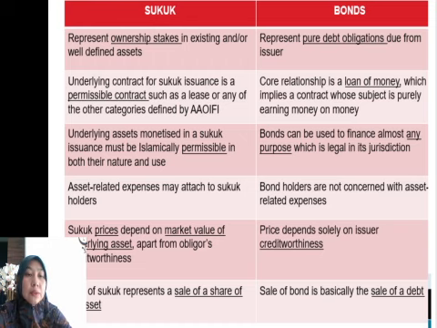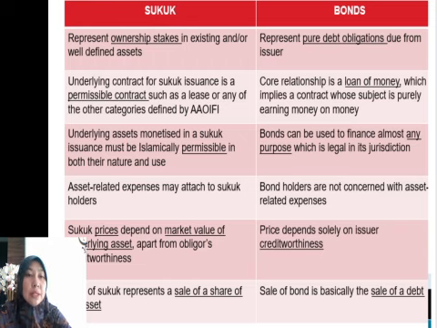The business and the building must be for a good purpose, complying with the Sharia. A bond can be used to finance almost any purpose which is legal in its jurisdiction, meaning legal from the worldly perspective, but not necessarily from the Islamic perspective, so legal in Malaysia.